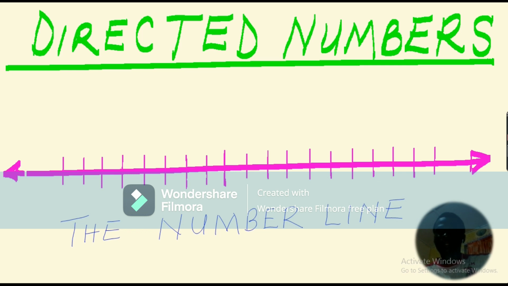0 is at the middle of the number line. So of all the numbers we have in this world, 0 is at the middle of them. That is why 0 does not have any sign. It's neither positive nor negative. But on the right of that 0, all the numbers will be positive.